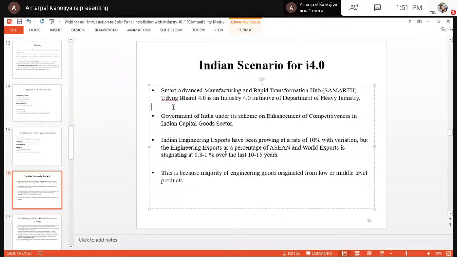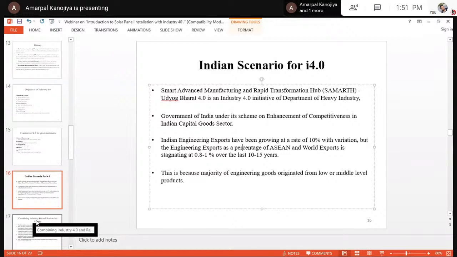This is a program of the Government of India, by which we can increase our export and import by following these SAMARTH guidelines, and this is looked after by MNRE. Now, we have increased our export by following this guideline.